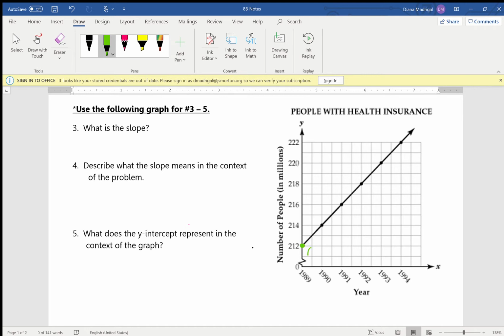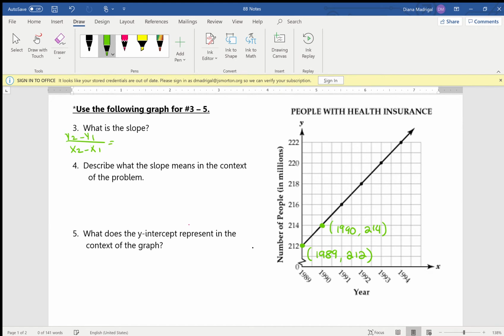The coordinate point of that one is 1989, because that's the way it starts on the years, comma, 212. The second point is going to be 1990, comma, 214. That's on your y. And remember, your slope is y2 minus y1 over x2 minus x1.